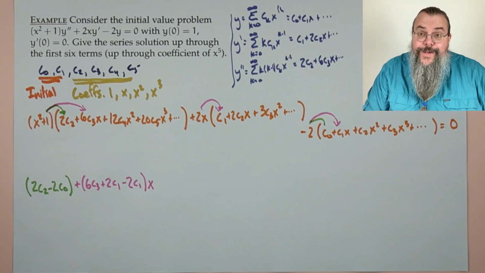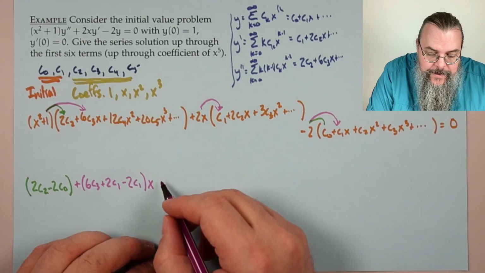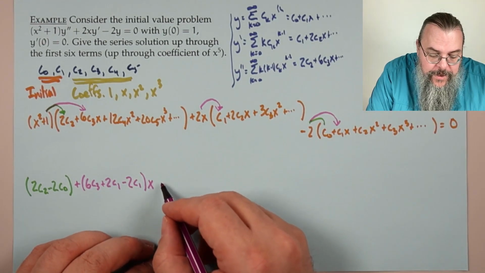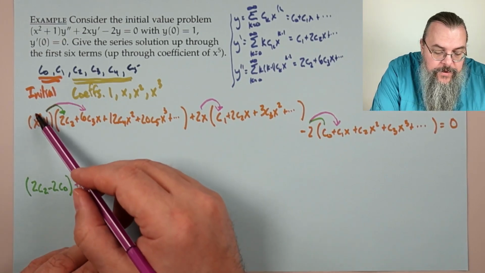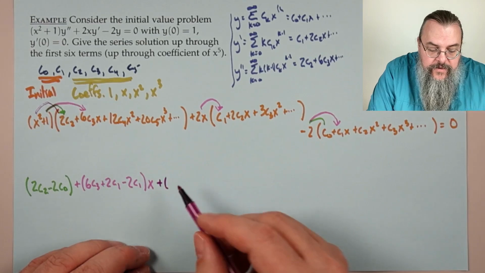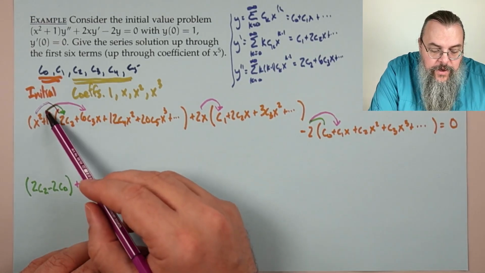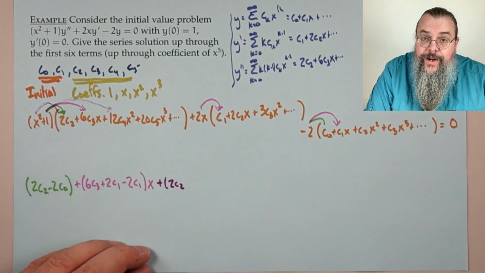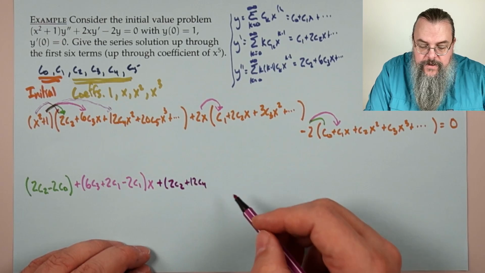Okay, what's going to happen here? For x squared, we can do an x squared times a constant, so that is 2c2. We can also do a 1 times the x squared term, so that's going to get a plus 12c4.